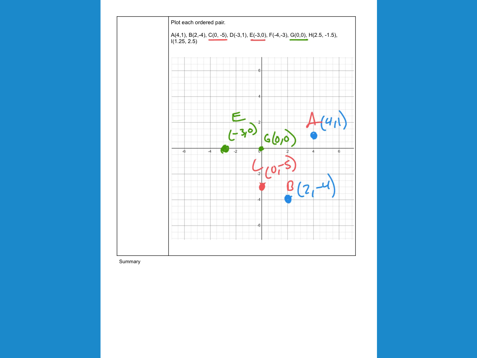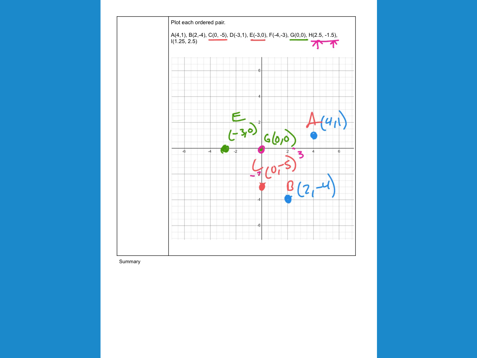Let's look at H. H will be our last one. I need to go 2.5. So go over to 2. I'm going to add some numbers. And halfway between 2 and 4 will be 3. But I want 2.5. So I want halfway between 2 and 3. So that's going to be right here. But again, we're not going to draw the point right there. First, we have to go 2.5. Now I've got to go negative 1.5, so that's down. So let's see. If I'm going down from the origin, this is 0.